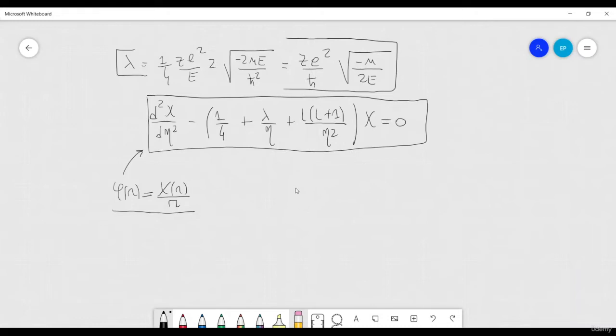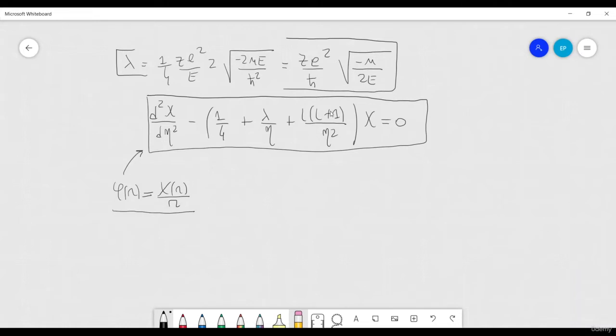And it is not very trivial, because this is a second order differential equation, but the coefficients of the equation, as you can see here, contain powers of 1 over eta or 1 over eta squared. So the coefficients are not constant.